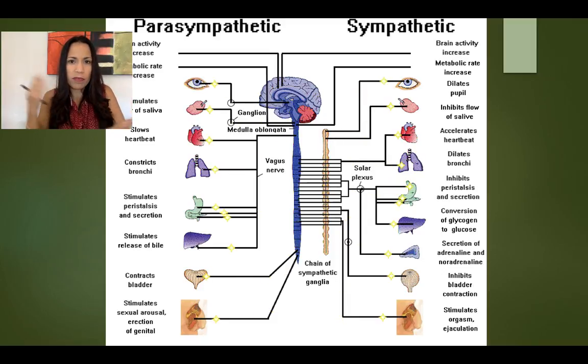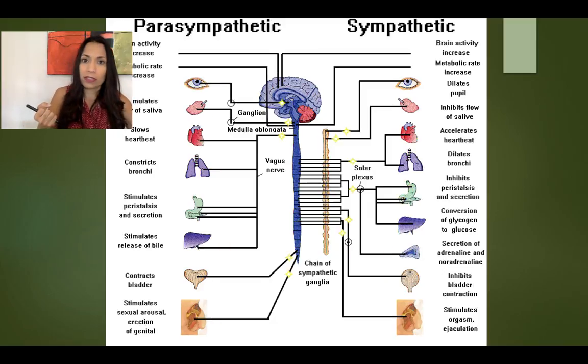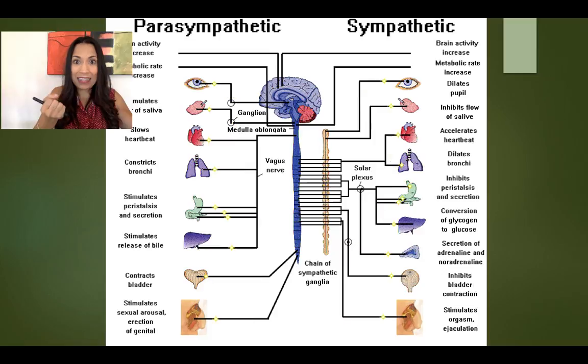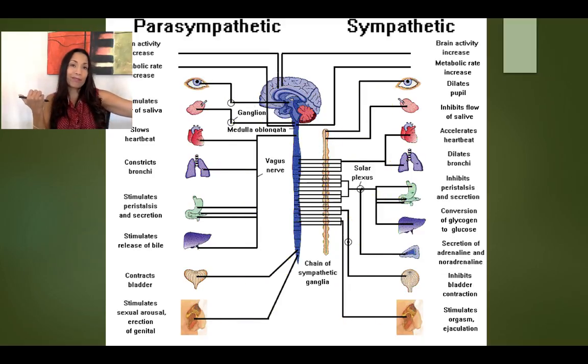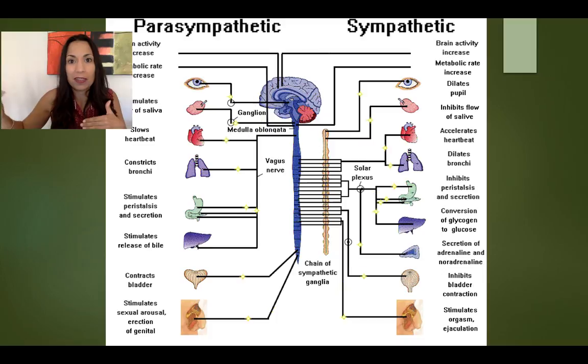So, nerves coming from both divisions of the autonomic nervous system. When one system is stimulated, the other system is blocked. If the sympathetic nervous system is acting and the heart rate is increasing, the parasympathetic nervous system is blocked. If we are watching TV, watching this video, eating an apple, I guess, parasympathetic, don't fall asleep, the parasympathetic system is activated and the sympathetic system is blocked.